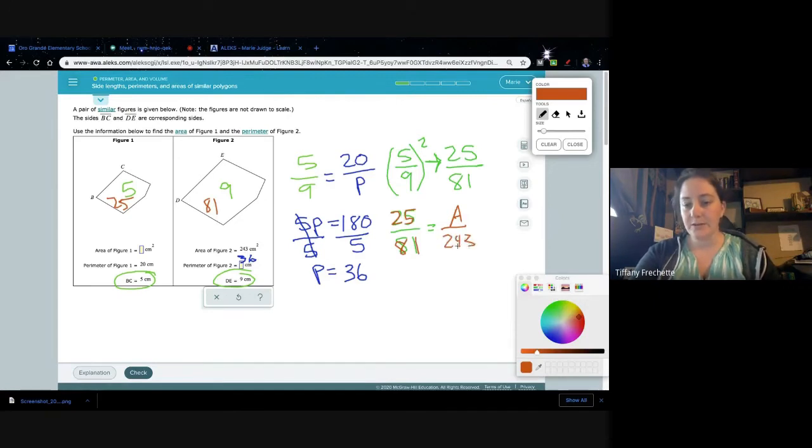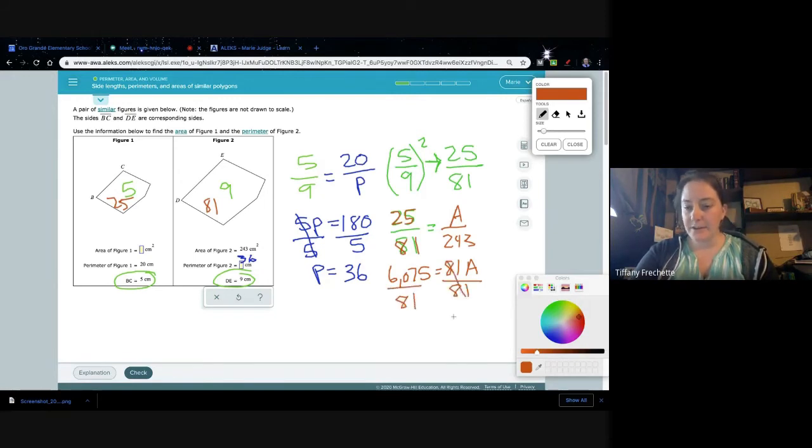So now we're going to start cross multiplying. We get 25 times 243. That one's a little bit more than I want to try to do in my head, so I'm using a calculator off to the side. 81 times A, we get 81A. So our last step is to divide by 81.